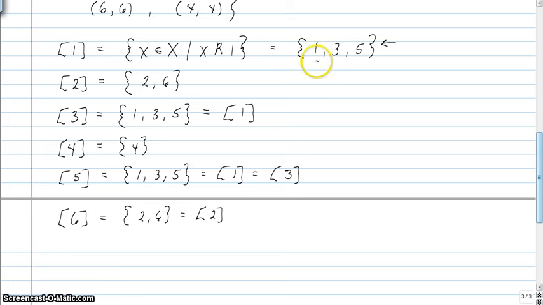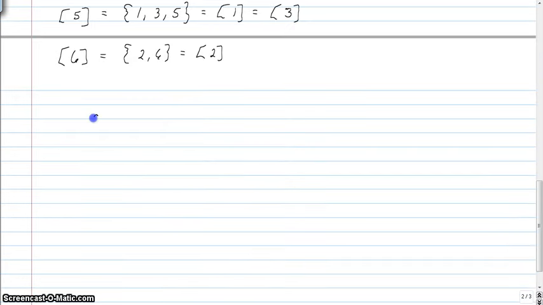If I look at the elements 1, 3, and 5, when I draw my graph, I've got to group those separately, because 1, 3, and 5 are never going to be related to 2 and 6 or 4. So I want to draw 1, 3, and 5 over here somewhere.